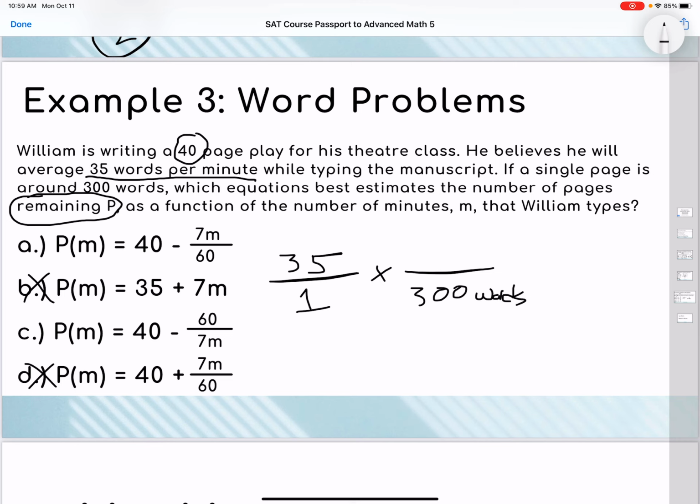And what we're doing here by setting it up the way we are is getting it so that we can cancel out terms. So in this case, see, words is up with 35 in the numerator of the first one, and then of the second one there, it's in the denominator, which means as we multiply across here, the unit of words will actually cancel out. So 300 words is 1 page.